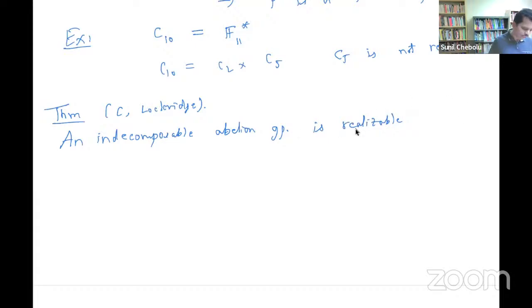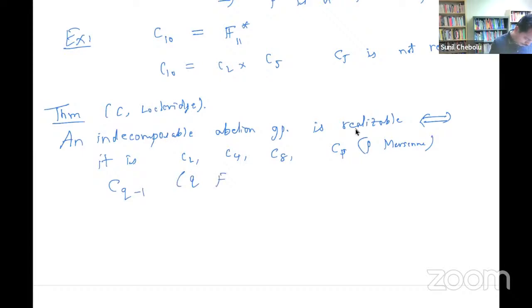I'll just say is realizable if and only if it is C2, C4, C8, C_P, P Mersenne, and C_{Q minus 1}, where Q is a Fermat prime, and G, any indecomposable torsion-free abelian group.